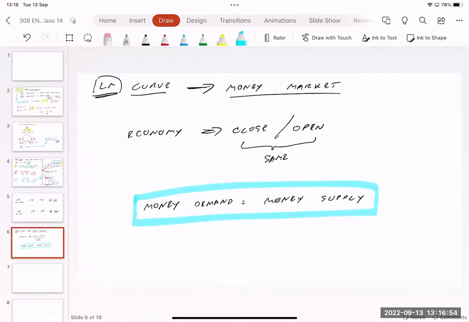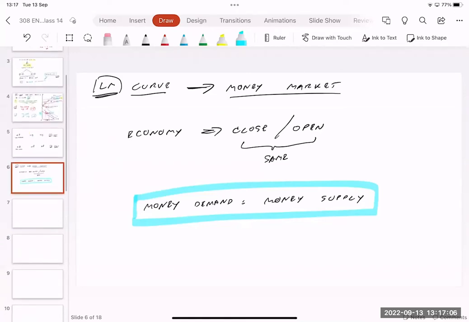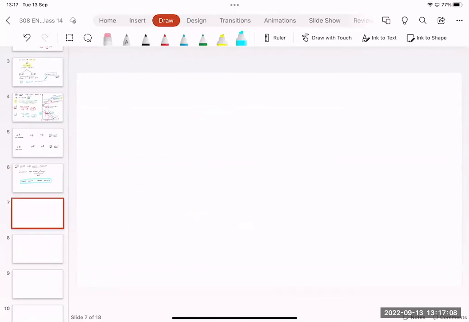The LM curve represents the point where money demand equals money supply. So for the case of an open economy, the LM curve is still the same as before. Nothing changed, so we don't have anything to add into the theory.